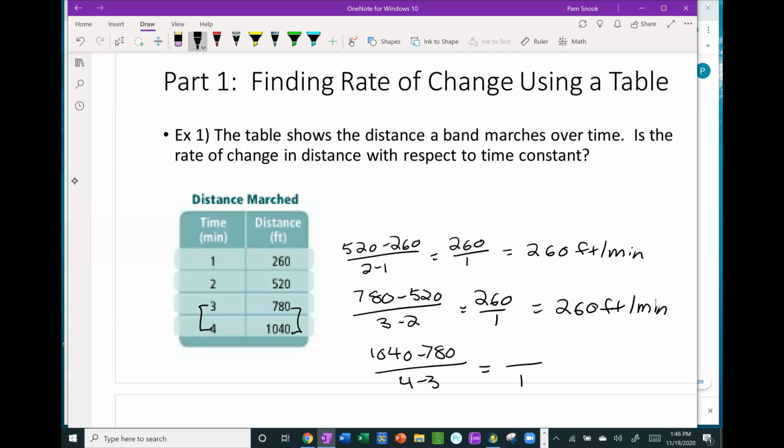So do 1,040 minus 780, and I get 260. So again, 260 feet per minute. So the answer to the question, is the rate of change in distance with respect to time constant? The answer is yes, because every minute it was 260 feet per minute.